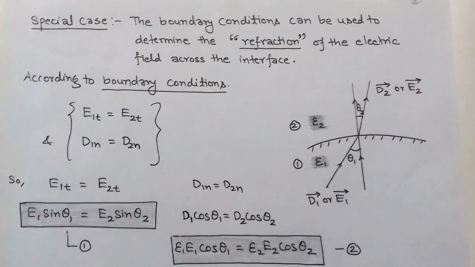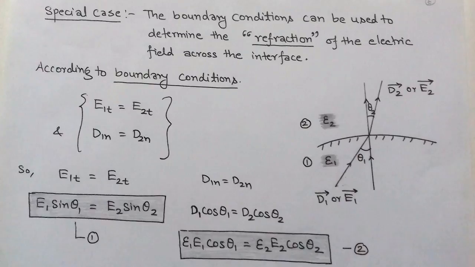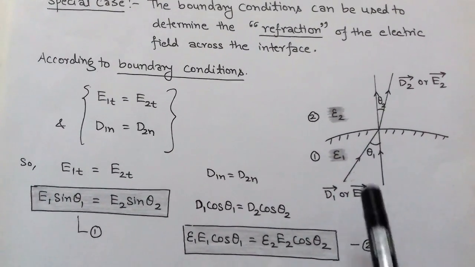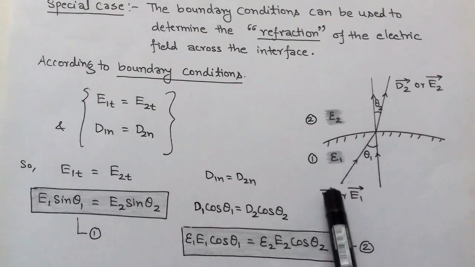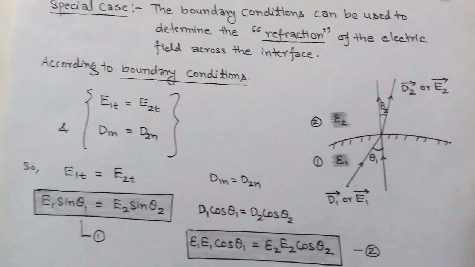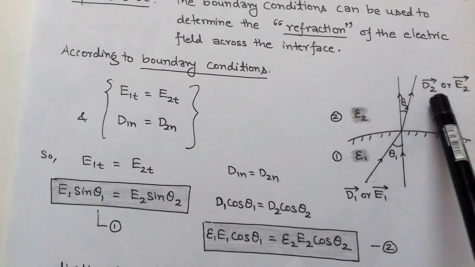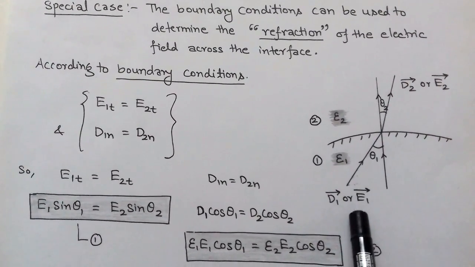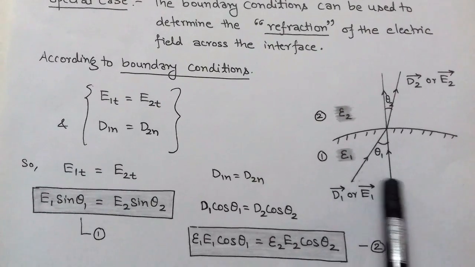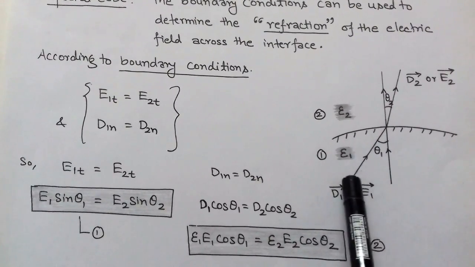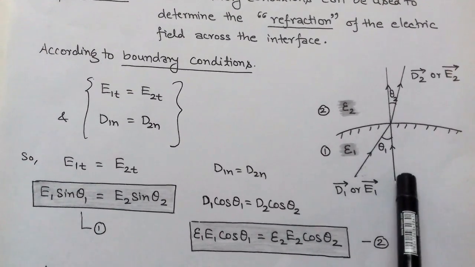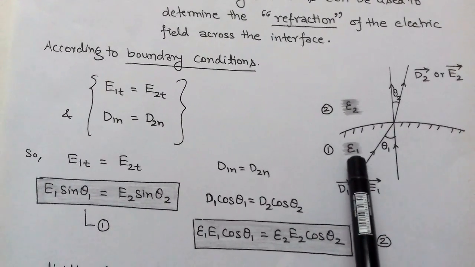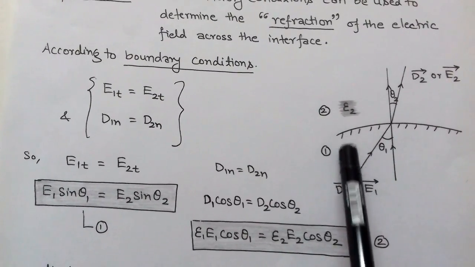So here we take a refraction case, as directed from region 1 to region 2. In region 1, the field makes an angle theta 1 with the normal, and in region 2, the field makes angle theta 2 with the normal. So from this figure, Et in terms of theta can be written in terms of sine, and D1n in terms of theta can be written in terms of cos.